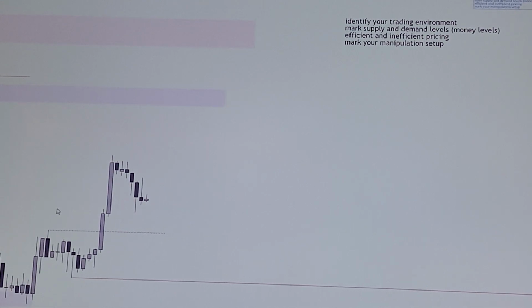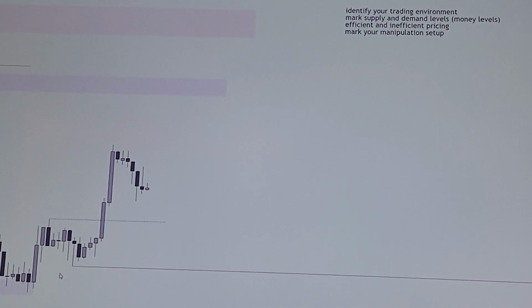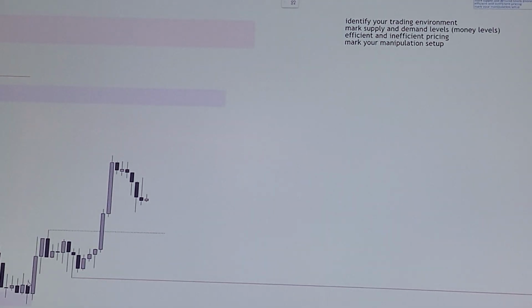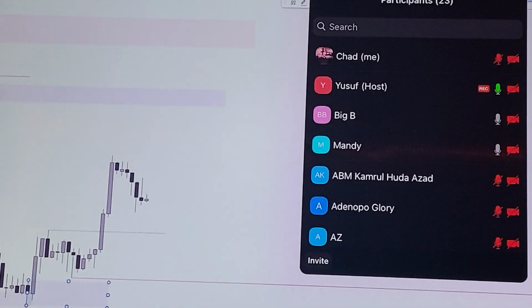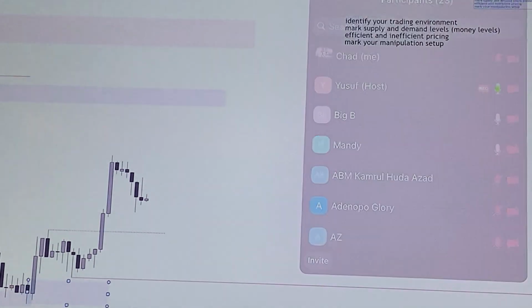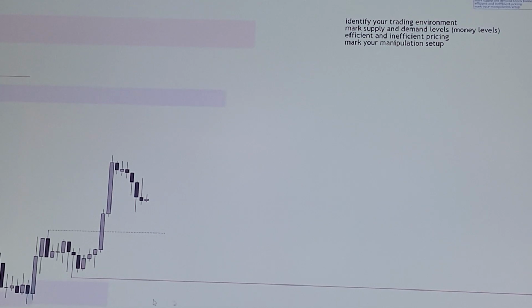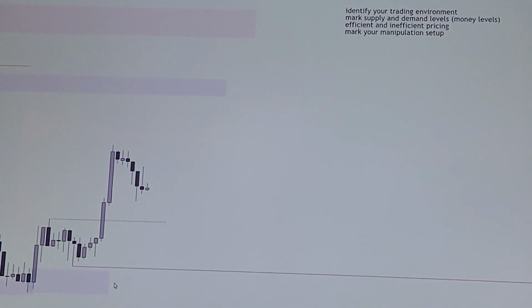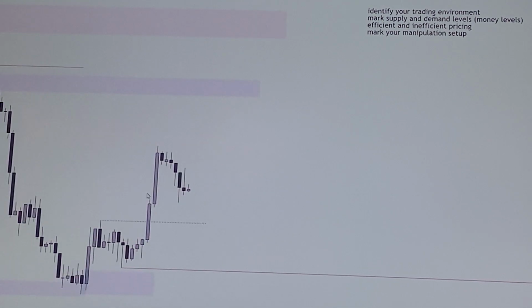So if there is money here, this liquidity, then we have imbalance here. So that could be the possible mitigation zone. Now we have our 4-hour marked.